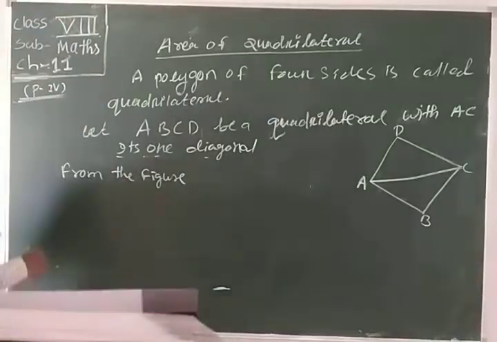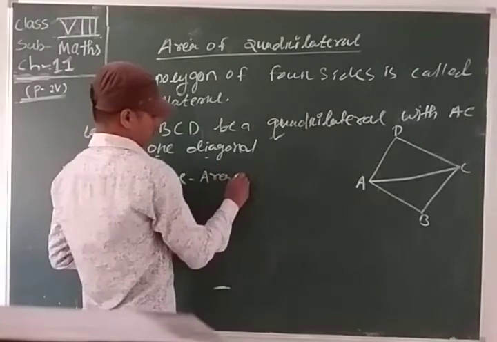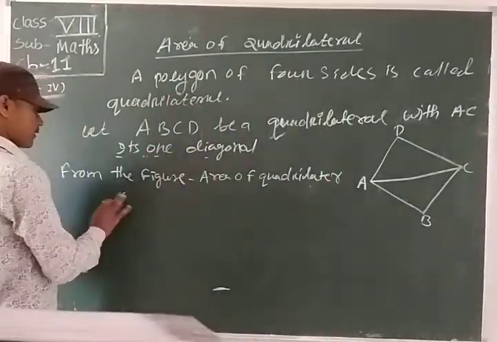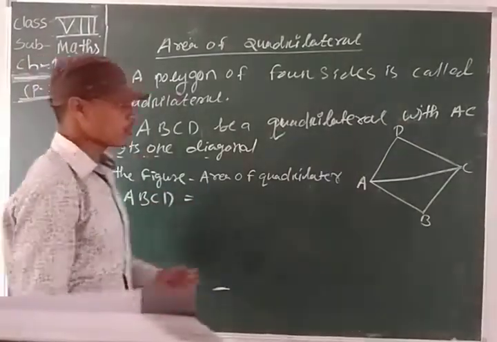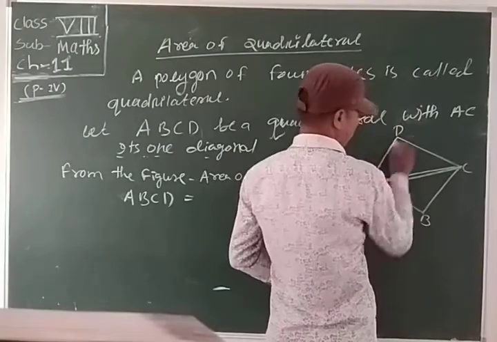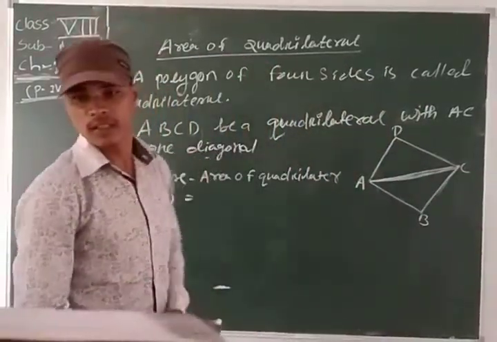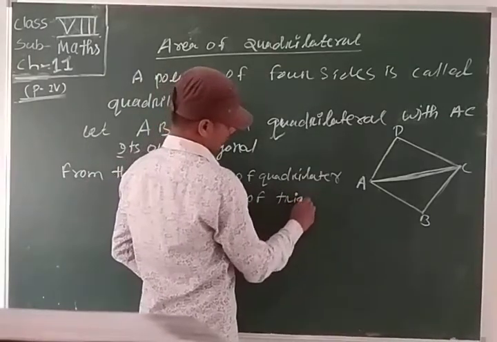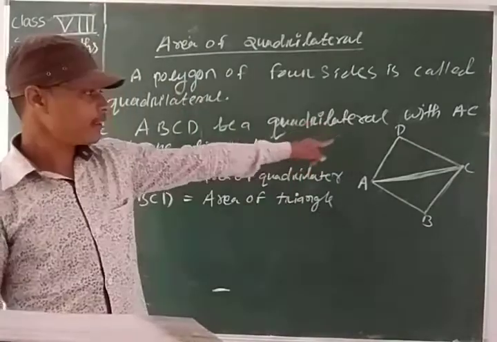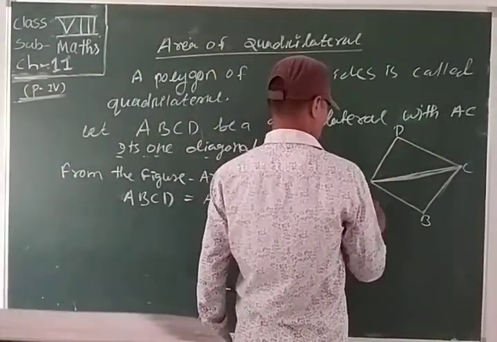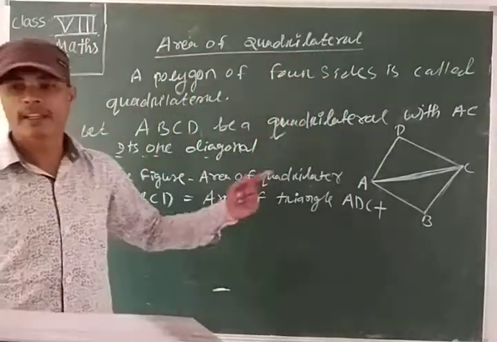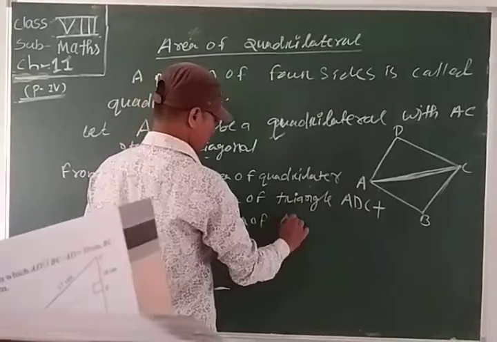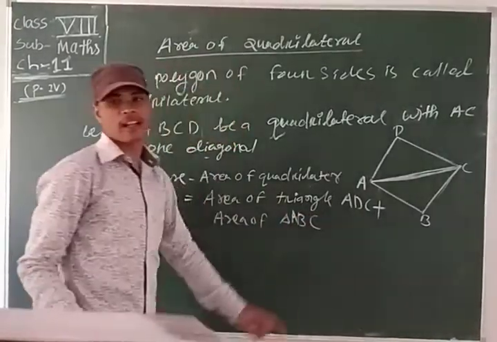Area of quadrilateral ABCD equals the area of triangle ADC plus the area of triangle ABC. Here are the triangles ABC and ADC.